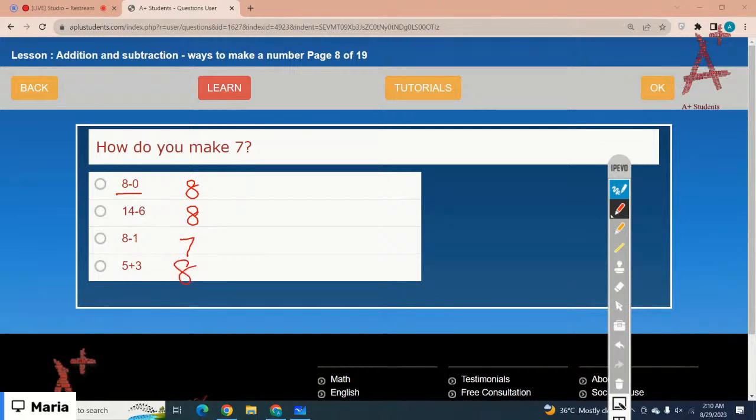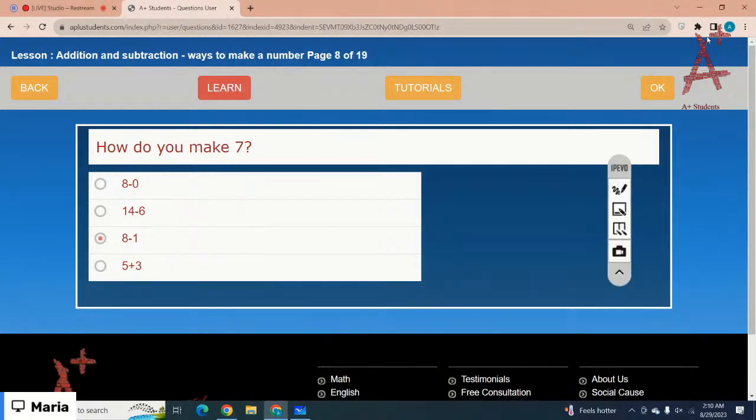So which is the correct option? You have to select the one that makes 7. Yes, the correct option is 8 take away 1. So just select the correct option and then click on the OK button.